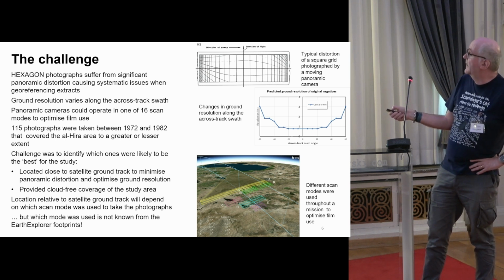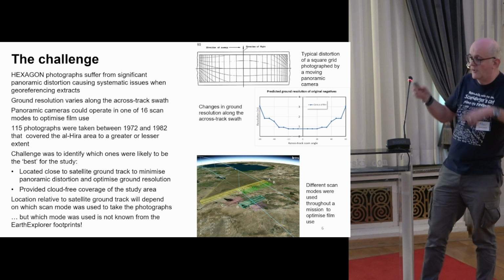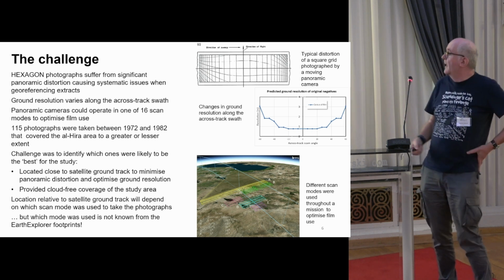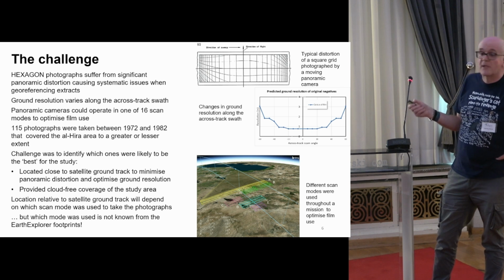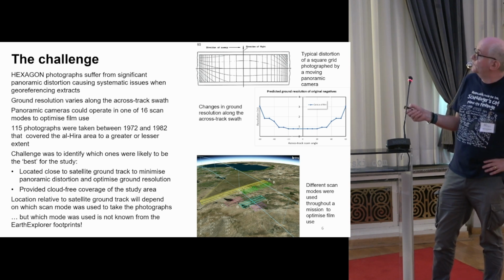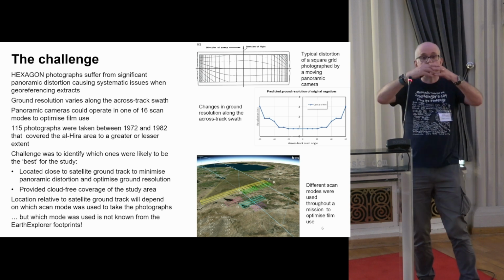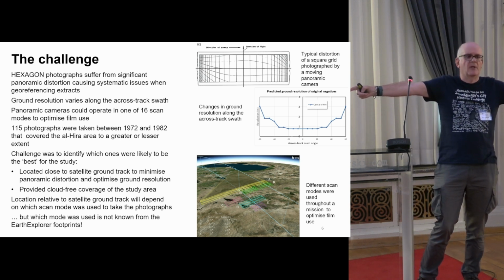Not surprisingly, the spatial resolution on the ground decreases the further from below the satellite you get. So that's one of the problems, the huge distortion.